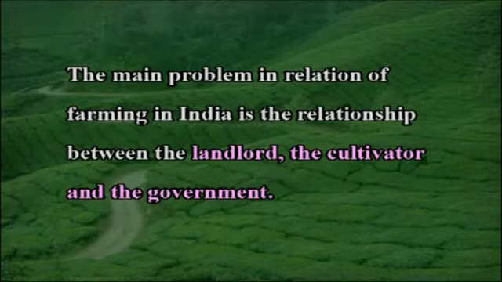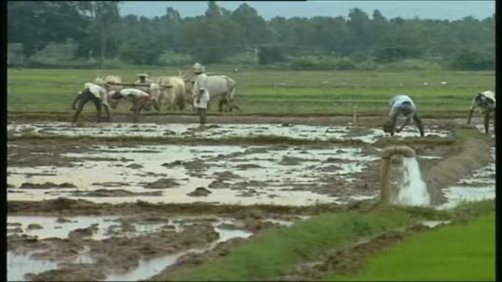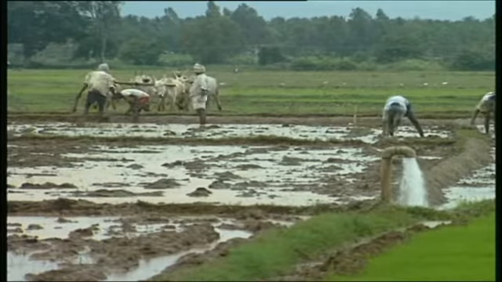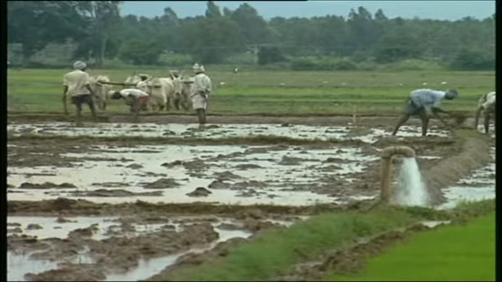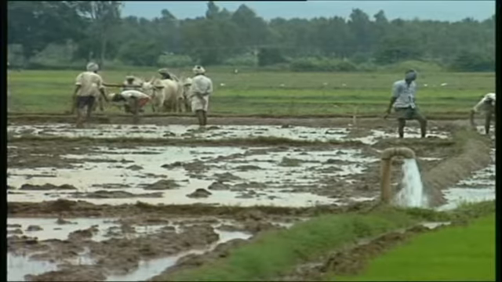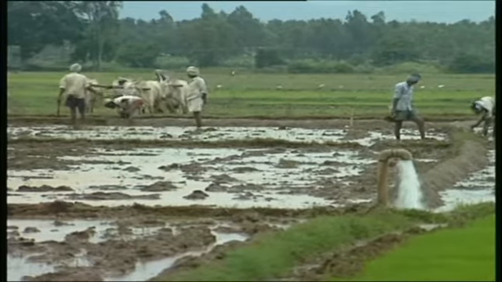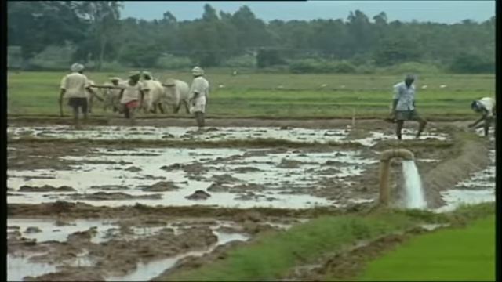The main problem in relation to farming in India is the relationship between the landlord, the cultivator and the government. The landlord and the cultivator may be two separate persons, or the same person may own and cultivate the land.